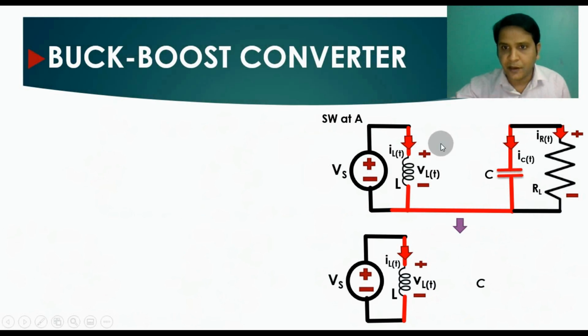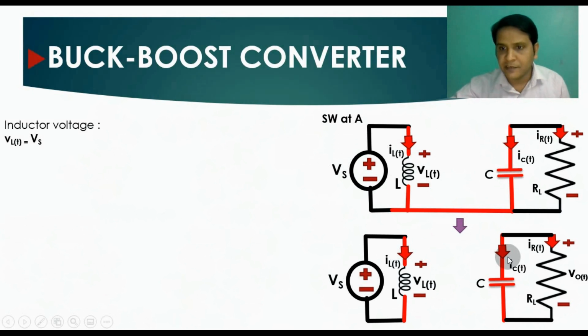If you further solve this circuit and draw your equivalent circuit, this is the circuit for this section, and this is the circuit for this section, right? Now, if I want to find the voltage across the inductor, that is vL(t) equals Vs, that is, your input or source voltage.